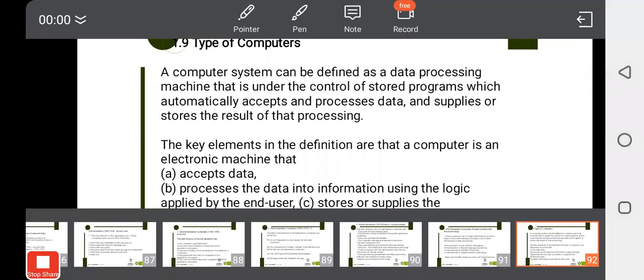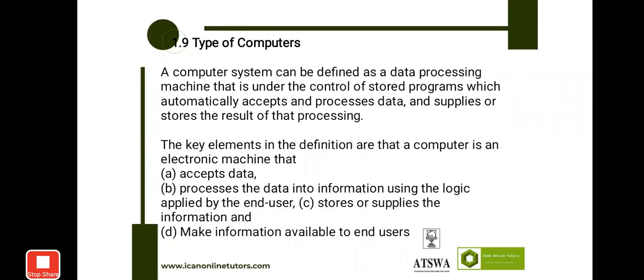So, types of computers. A computer system can be defined as a data processing machine that is under the control of stored programs, which automatically accepts and processes data and supplies or stores the result of that processing.